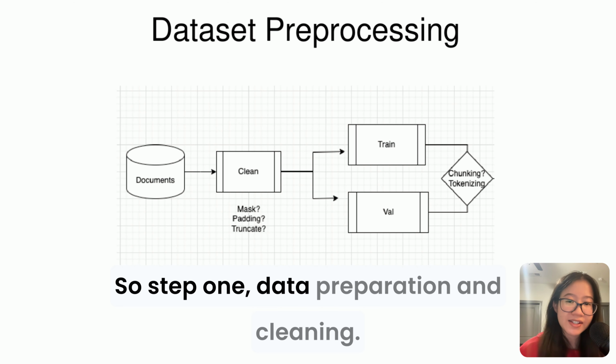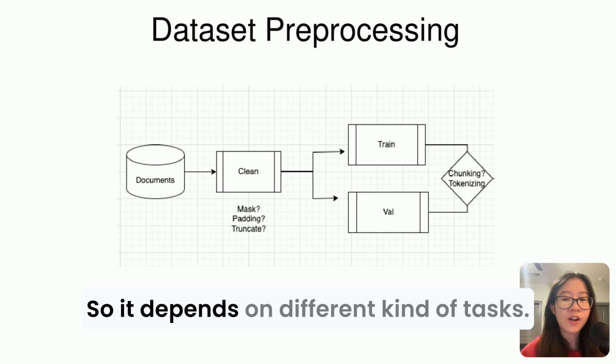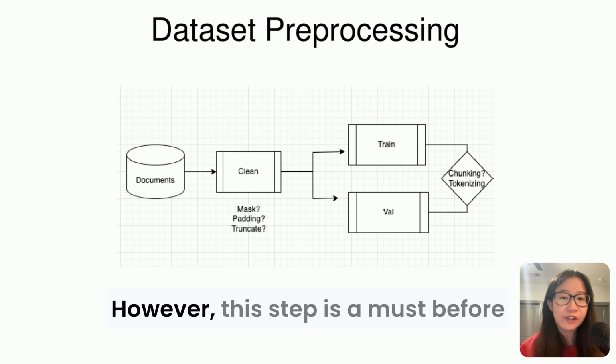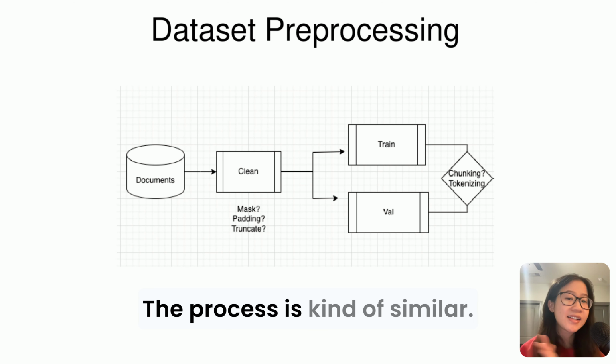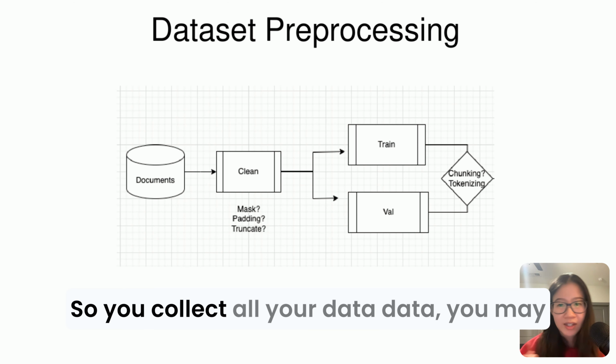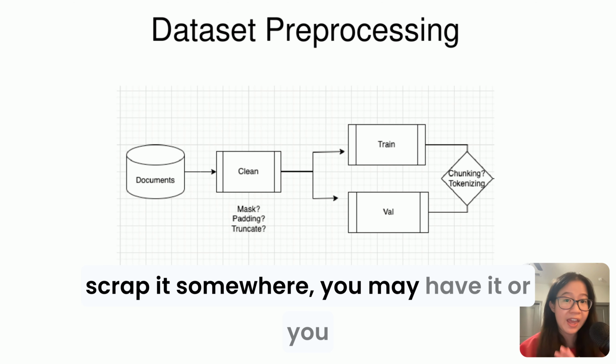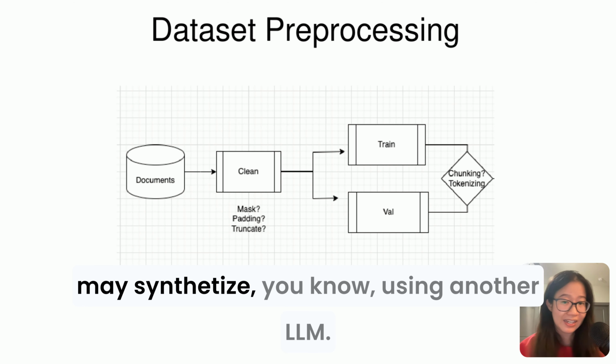So step one, data preparation and cleaning. It depends on the different kinds of tasks. However, this step is a must before you get into the fine tuning. The process is kind of similar. You collect all your data, you may scrape it somewhere, you may already have it, or you may synthesize it using another LLM.